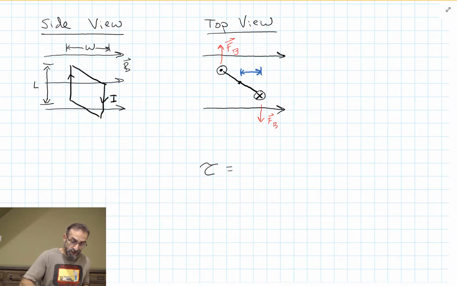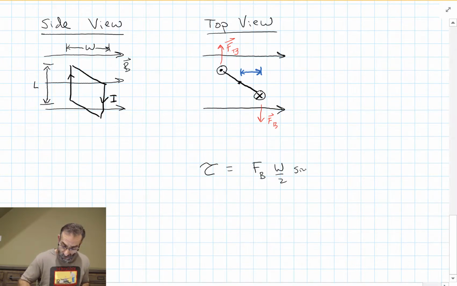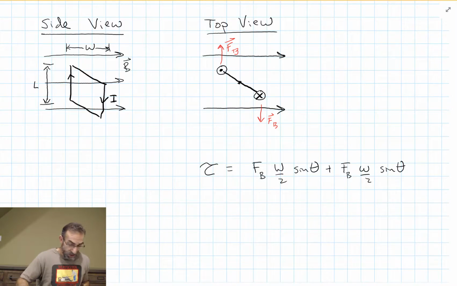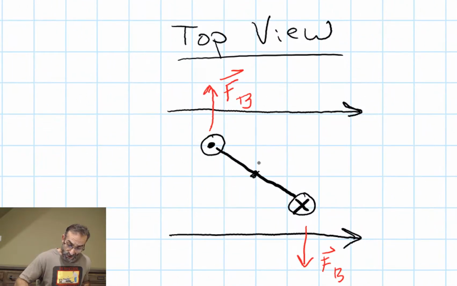Our lever arm is now W over 2 times the sine of theta. What's theta? Well, it's the angle between the normal to this loop and our magnetic field.